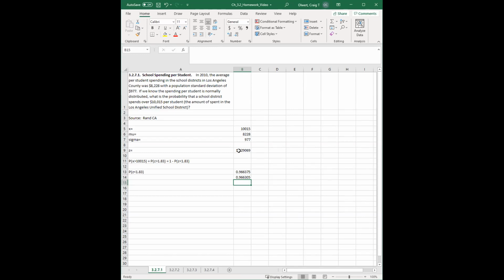So enter equals NORM.DIST, open parenthesis, then click on B5, put a comma, click on B6, put a comma, and then click on B7, put a comma, then type true, close parenthesis. The value Excel calculates is the same, 0.9663.